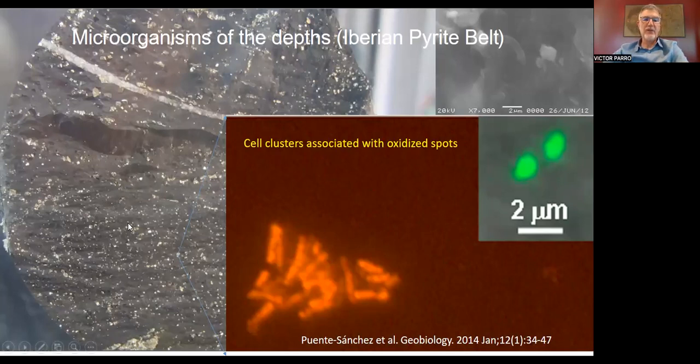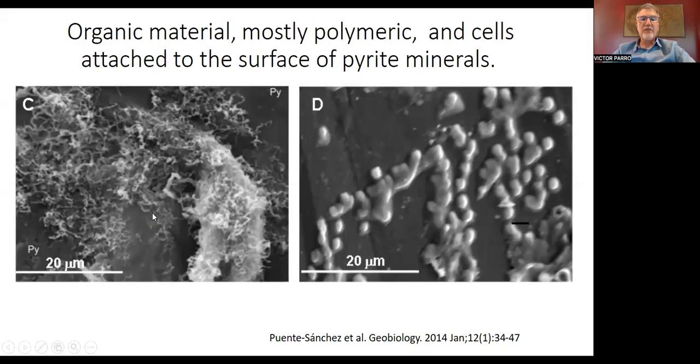Pyrite, the iron sulfide, is a mineral that can be used by many of the microbes living here as an energy source, because they obtain energy for metabolism just by capturing electrons from the reduced iron in the pyrite. So we also identified organic material bound to the mineral, stuck to the minerals.